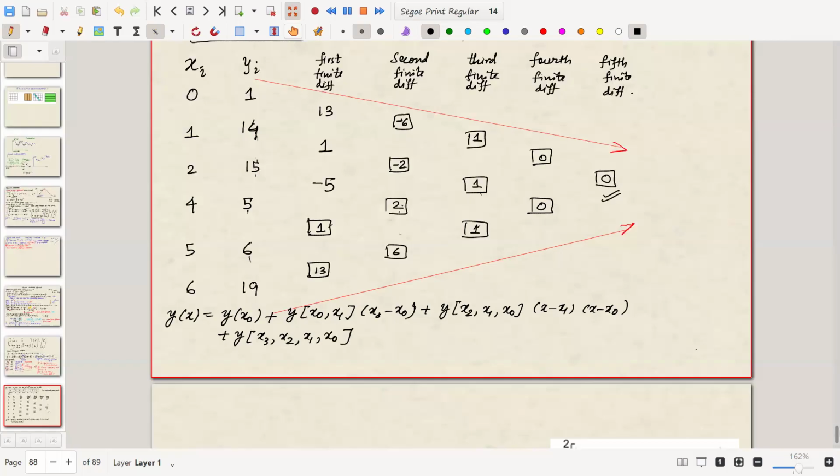Is this correct? Then x minus plus. This is the first finite difference. This is the second finite difference. This is the third. Fourth.